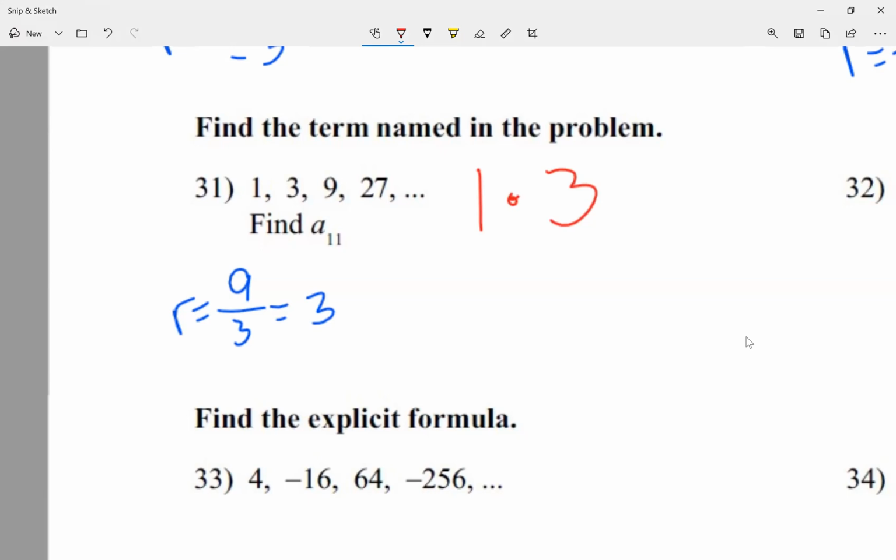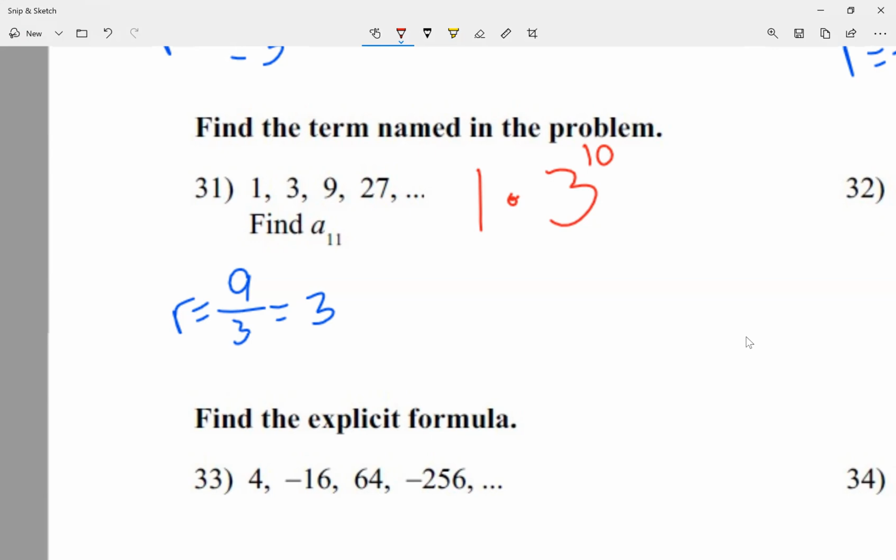We start counting on the second number. So I'm going to have to multiply by 3 only 10 times. I want the 11th number, so only 1 less. I start multiplying by 3 on the second number, right?